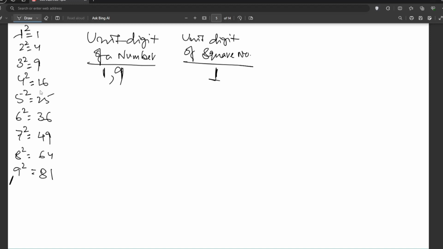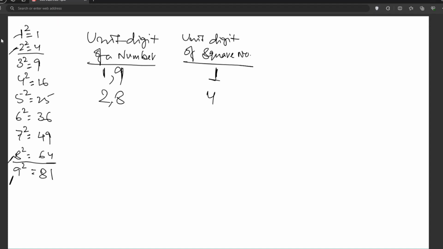If we have 2 or 8 as the unit digit of a number, we will get 4 as the unit digit of the square of that number. Look at this: 2 squared is 4 and 8 squared is 64, so if 2 is the unit digit of a number, we get 4 as the unit digit of that number's square, and if 8 is the unit digit, we also get 4.